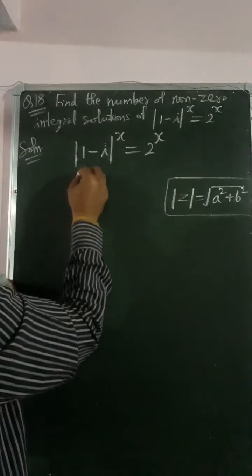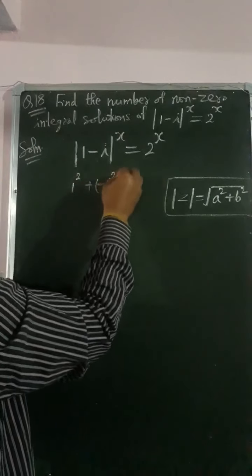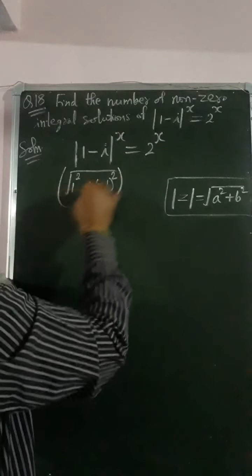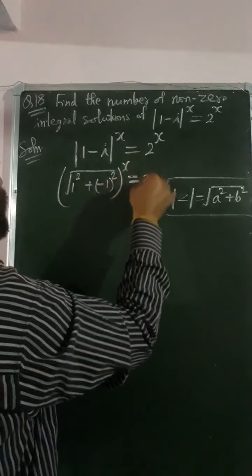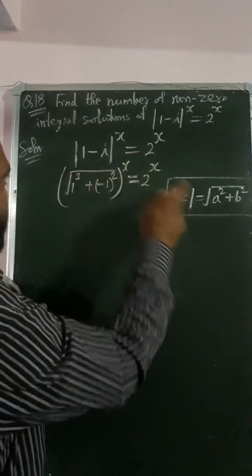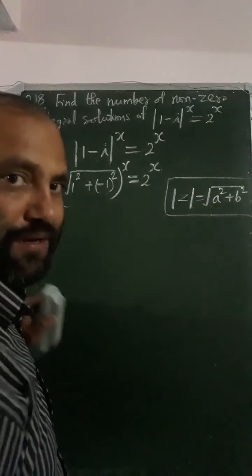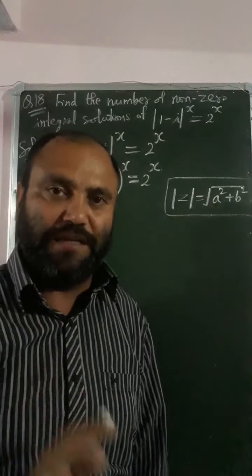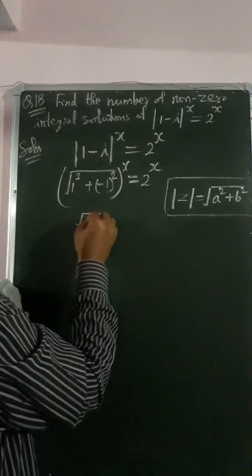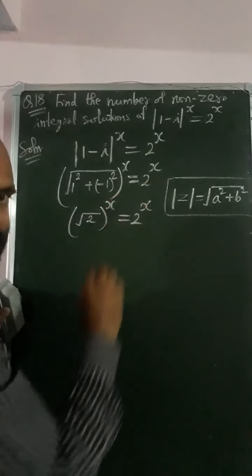This is 1 square plus minus 1 square under the root raised to the power x, it is equal to 2 raised to the power x. I am using the formula here, under root a square plus b square, right? So this becomes root 2 raised to the power x is equal to 2 raised to the power x.